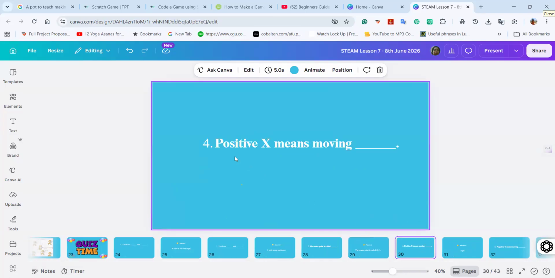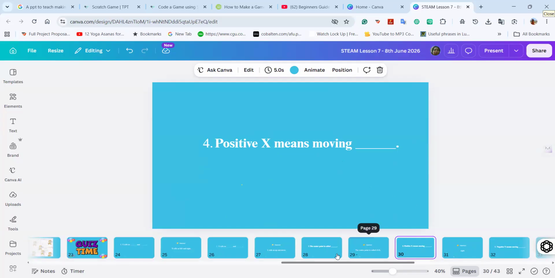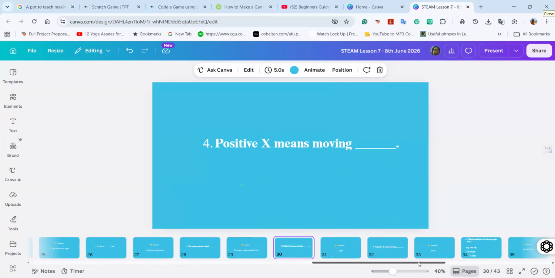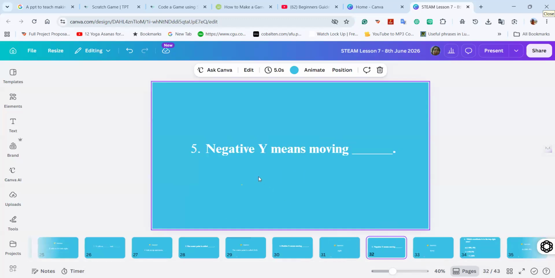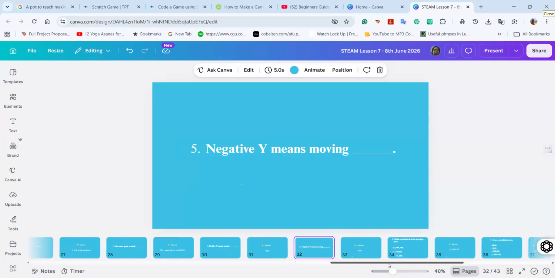Next one. Positive X means moving. No, Sarah, you're wrong. If you write 0, 0, it is wrong. Moving. Fahima, very good. Very fast. To the right. Okay. Negative Y means moving.